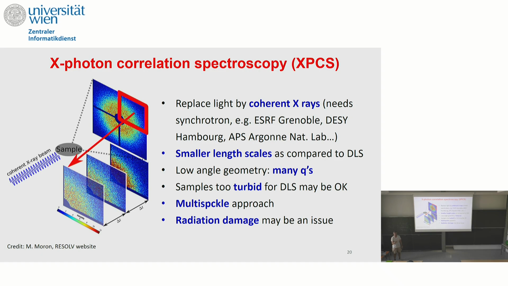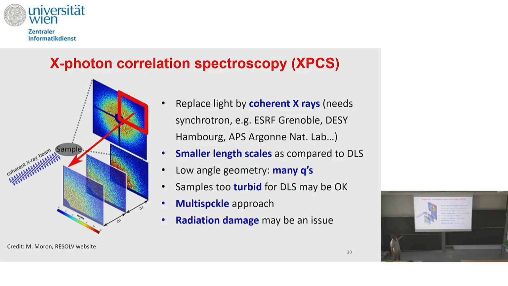But it's conceptually absolutely the same thing. So you need to go to these fancy places to make a proposal to get beamline and so forth. The difference is that you can access typically smaller length scales because the wavelength of X-ray is much smaller with respect to light.